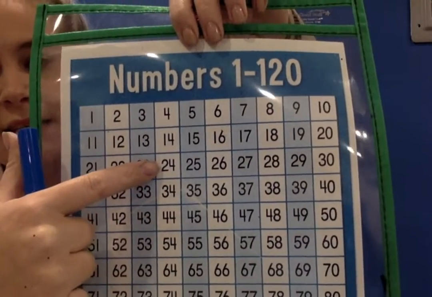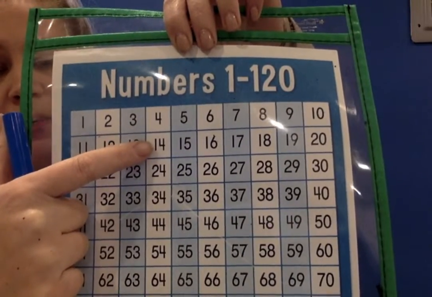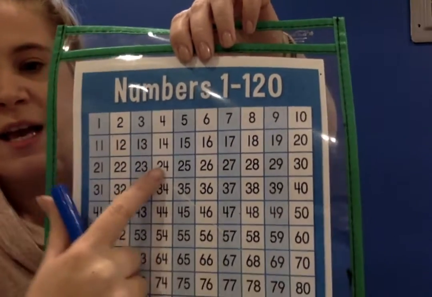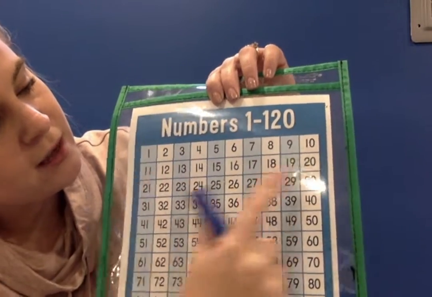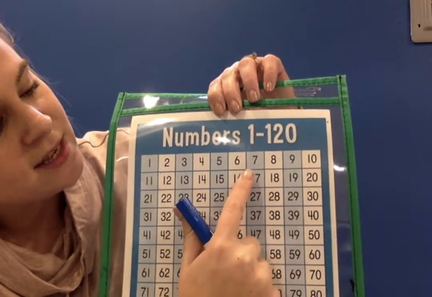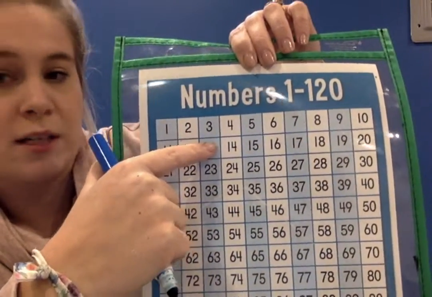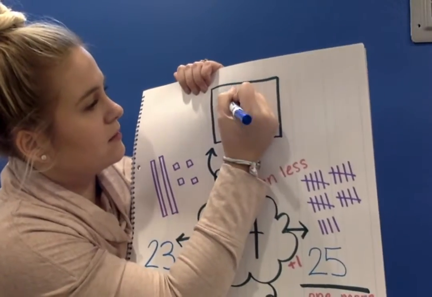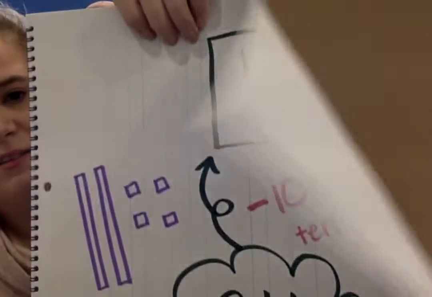What's 10 less? 14 is 10 smaller, 10 less than 24. And we could count it backwards like this. 1, 2, 3, 4, 5, 6, 7, 8, 9, 10. 10 smaller is 14. So I'm going to put that right here.